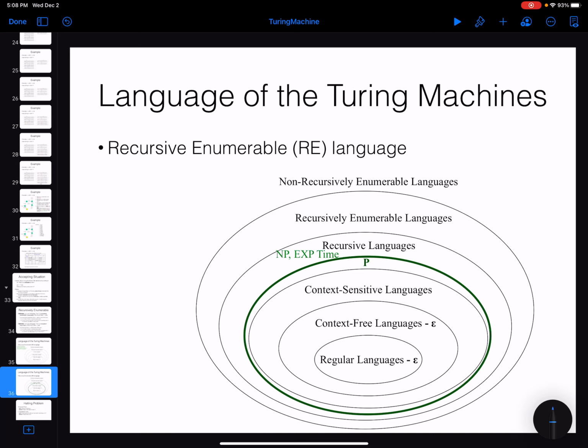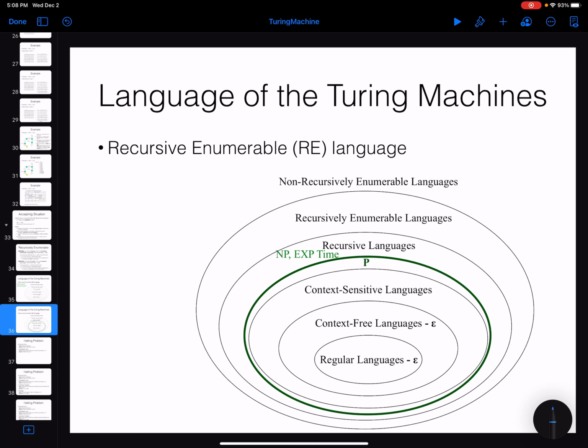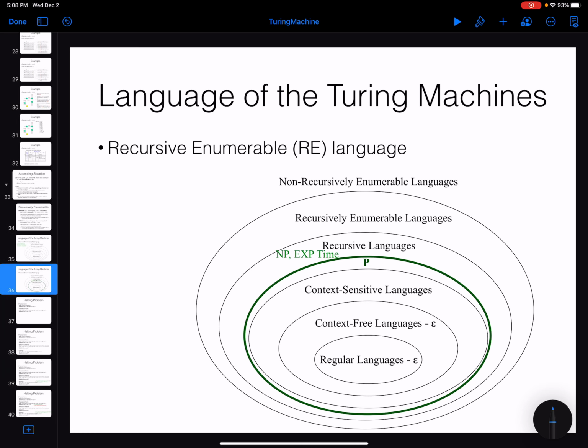Just before I finish this lecture, I wanted to briefly talk about the P, NP, and exponential time problems. All of those problems, P, NP, and exponential time, are going to be a part of the recursive languages.